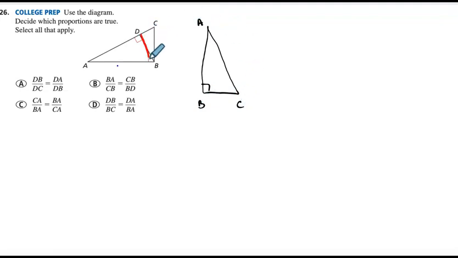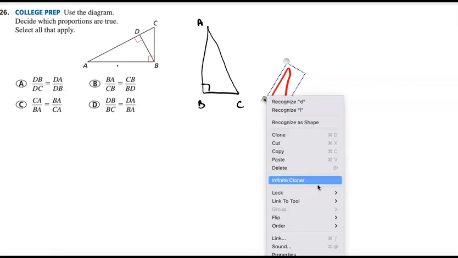So then I have this small triangle, a right angle here. So I'm going to flip that around and let's turn that left to right.